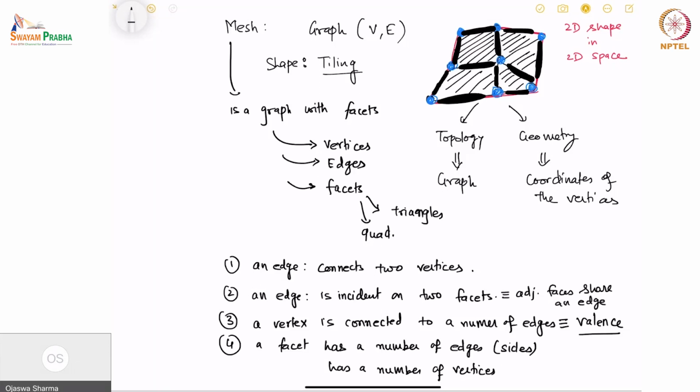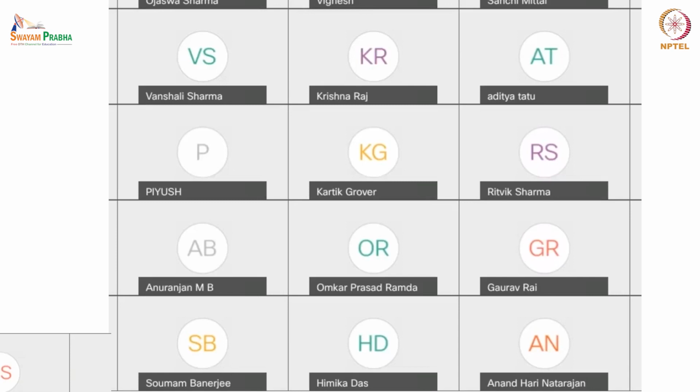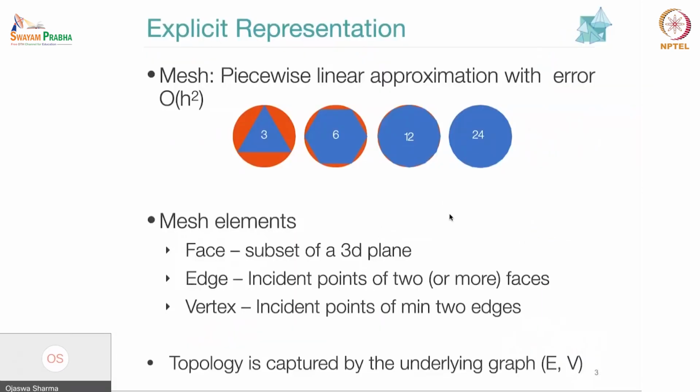Let's go back to our slides. Okay, so here are the mesh elements. A mesh has faces, and that's a subset of a 3D plane. By a 3D plane, I mean a plane is always 2D, right? When I say a plane, in the geometric sense, I mean a 2D surface.